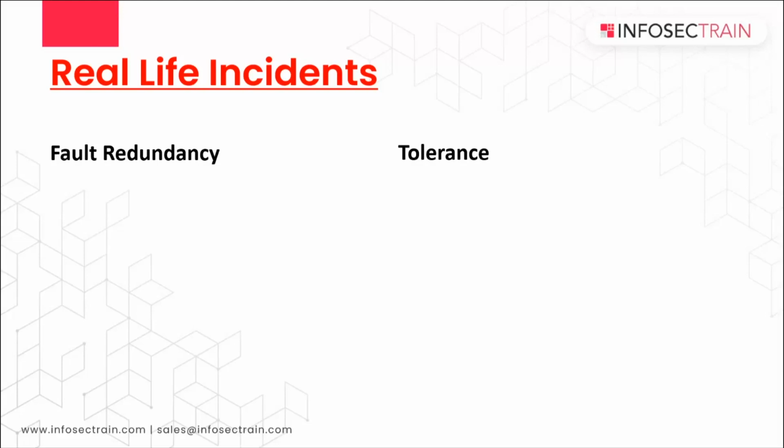Let me tell you one incident. How many of you know about the Apollo 11 moon landing? The Apollo 11 mission is a very famous mission conducted by NASA. As we know, in making satellites there are some constraints.